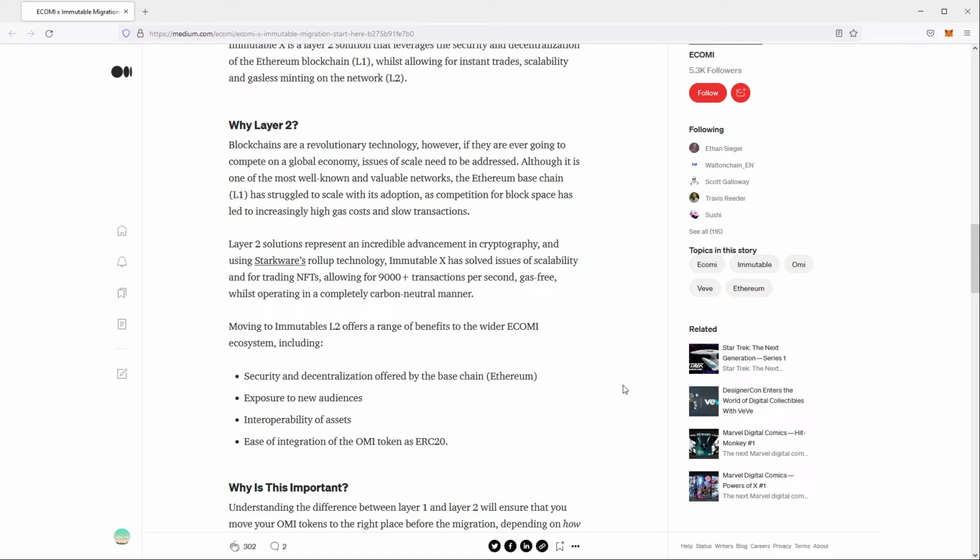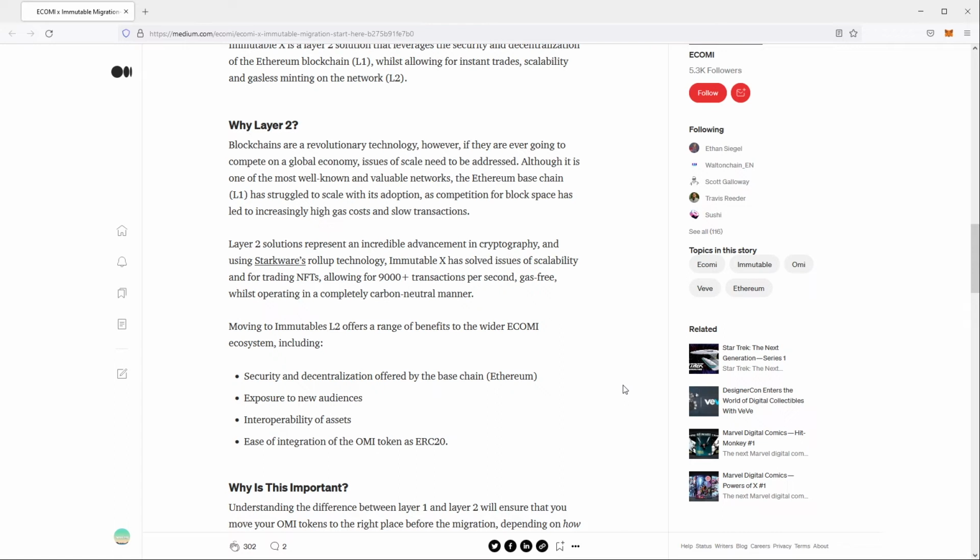Therefore, layer 2 solutions represent an incredible advancement in cryptography, and using Starkware's rollup technology, Immutable X has solved issues of scalability for trading NFTs, allowing for 9,000 plus transactions per second, gas free, while operating in a completely carbon neutral manner.